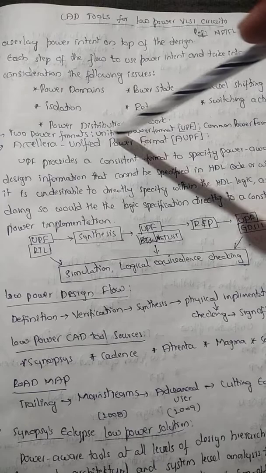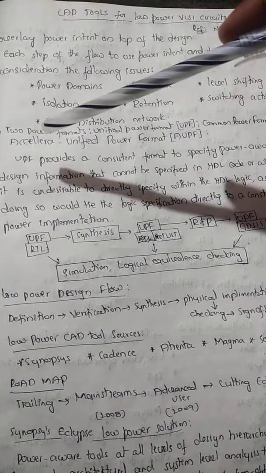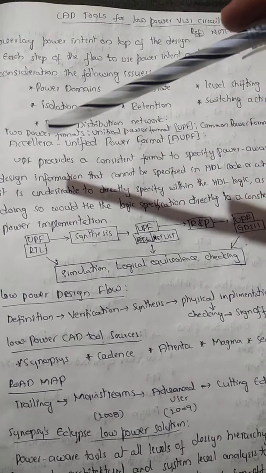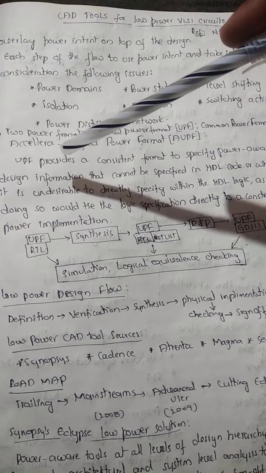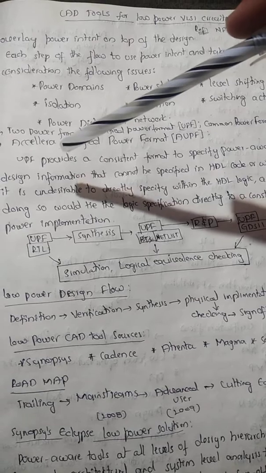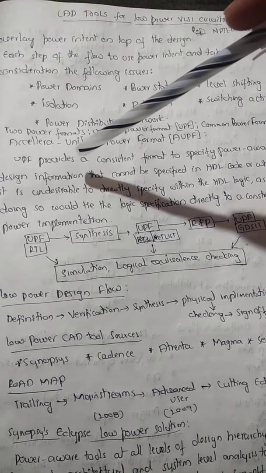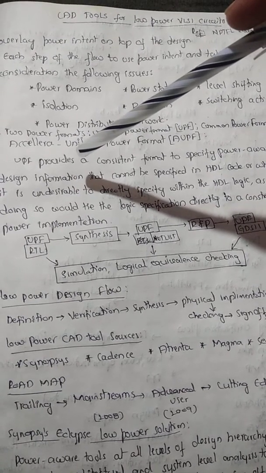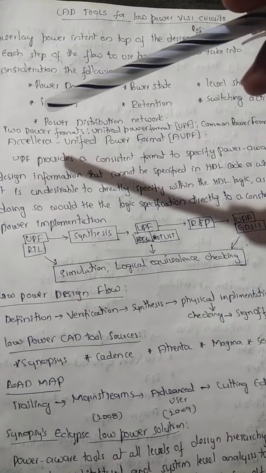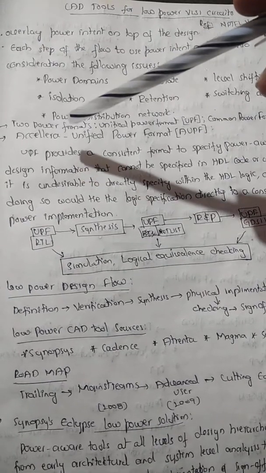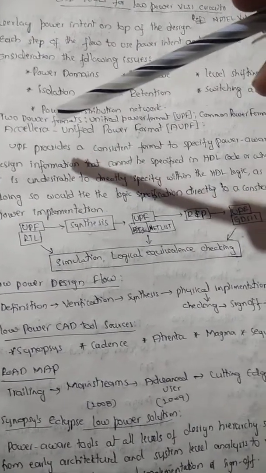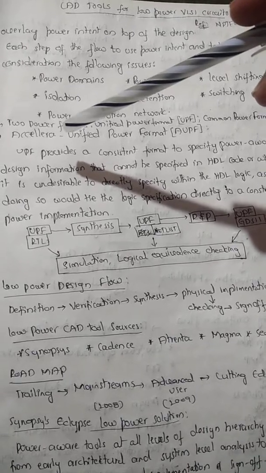In RTL coding, there is no provision to use multiple threshold voltages, multiple VDDs, body biasing, or power gating. So there is no traditional Verilog or VHDL coding using static power reduction techniques.